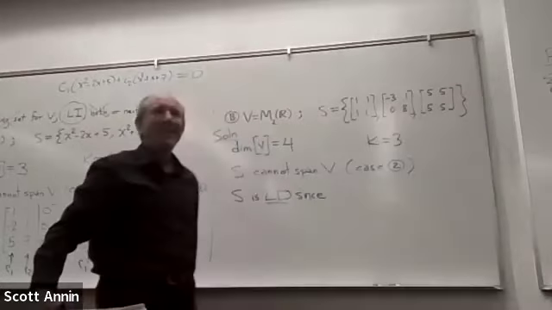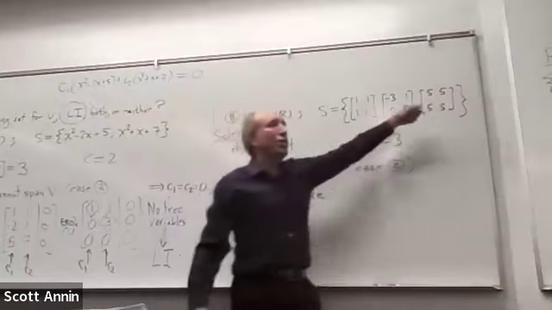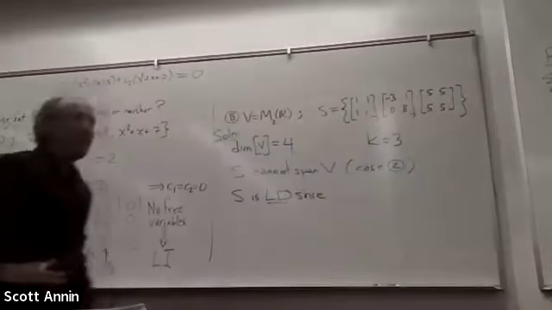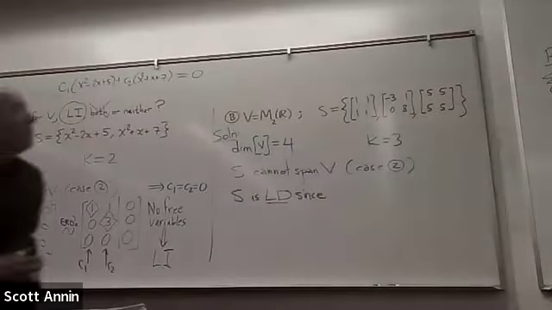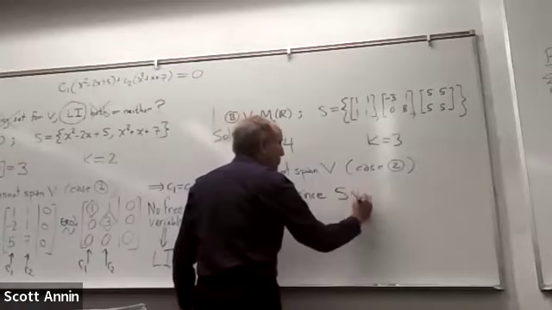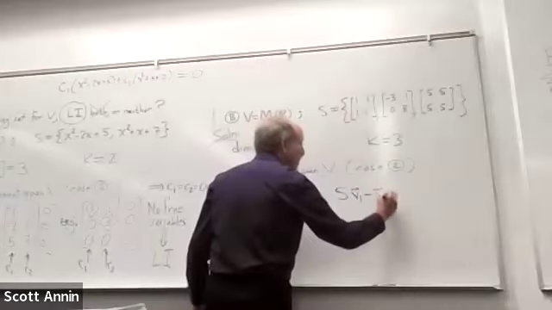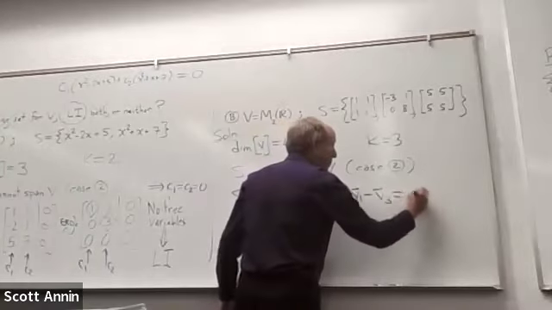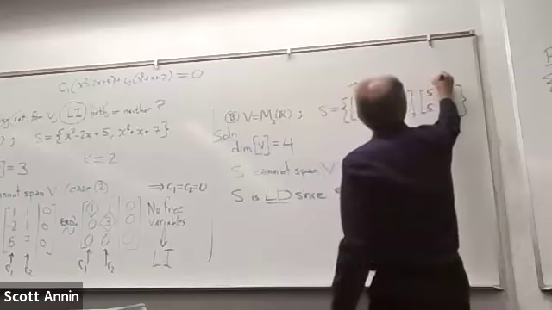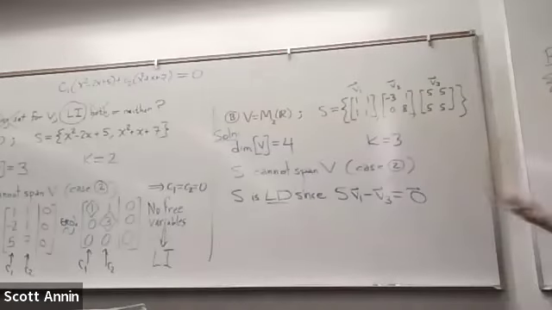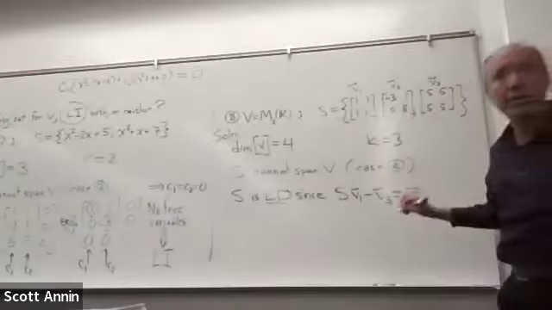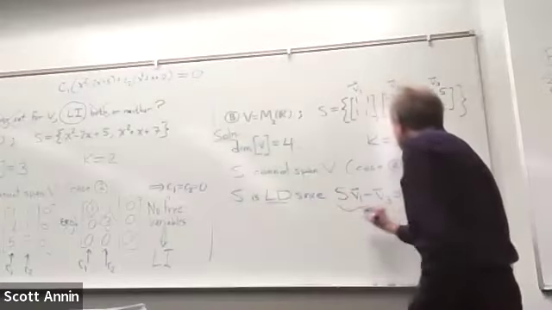Blake? Yeah, the first and third vectors, I kind of tried to make this pretty obvious. The third vector is already a multiple of the first one. So I know that if I took 5 times the first vector and then subtracted the third vector, I would get 0, right? So we think of this as v1, v2, and v3. Then I can just see directly that there's a linear dependency here, right? So this is a linear dependency.